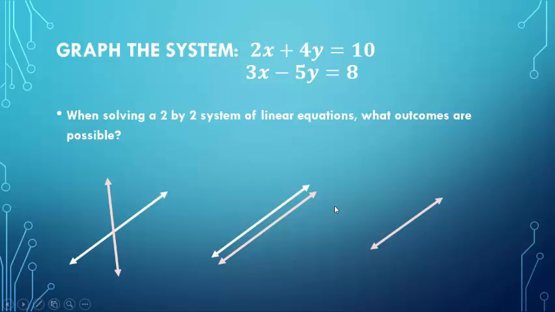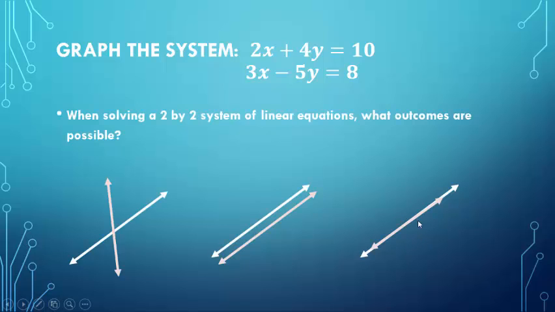And the last case is kind of strange. What if those chopsticks were to fall right on top of each other? Now, yes, it'd be rare in a real life scenario. However, these three cases are the only three possible outcomes when you're solving a 2x2 system of linear equations.